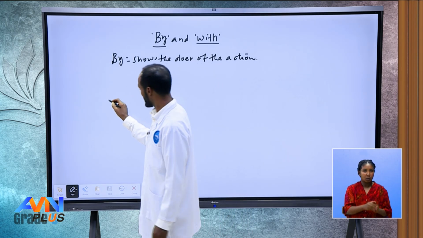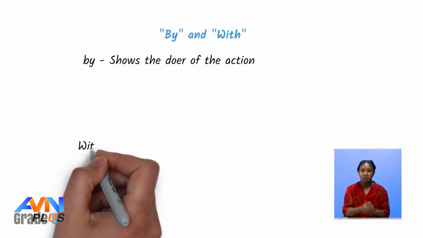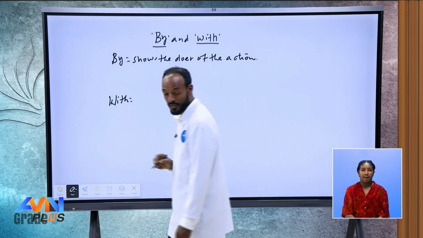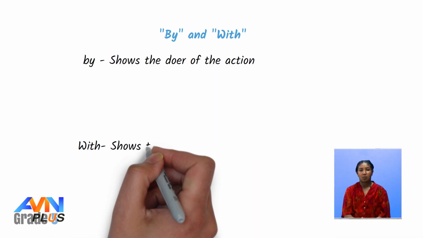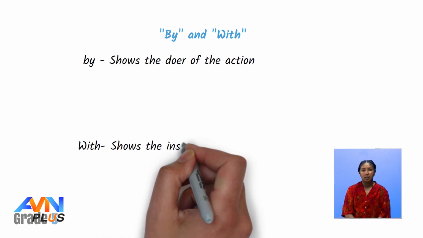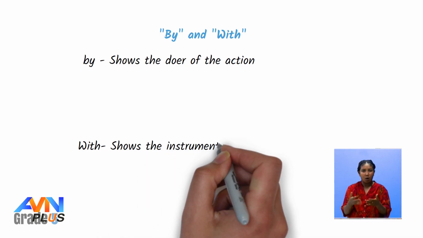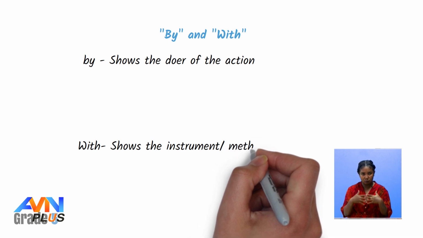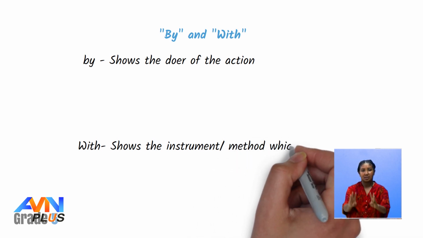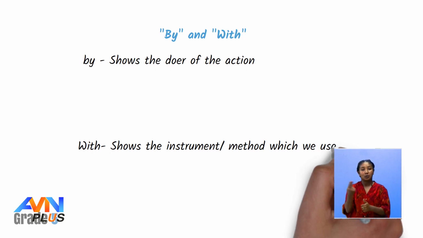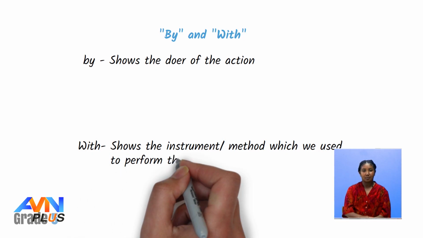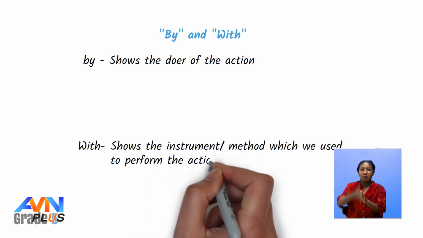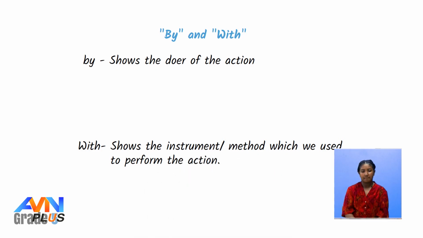What about with here? Here, this is used to show the instrument or the tools or the method which we used to perform the action.